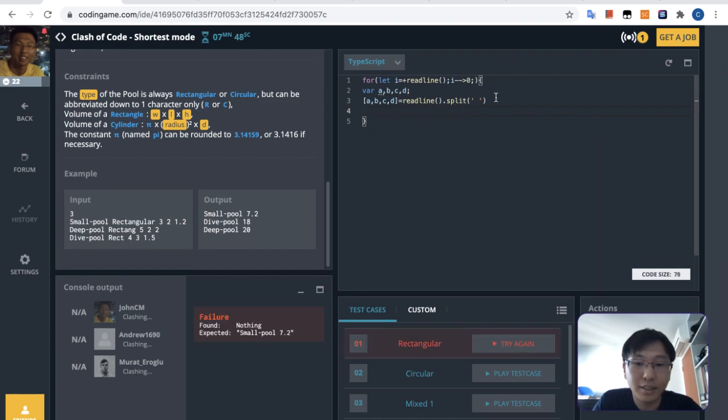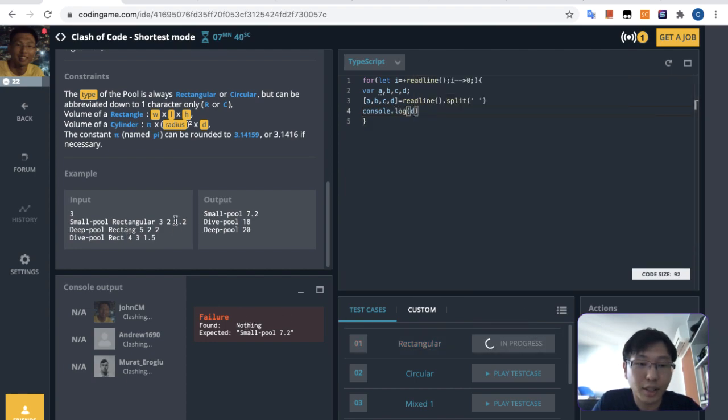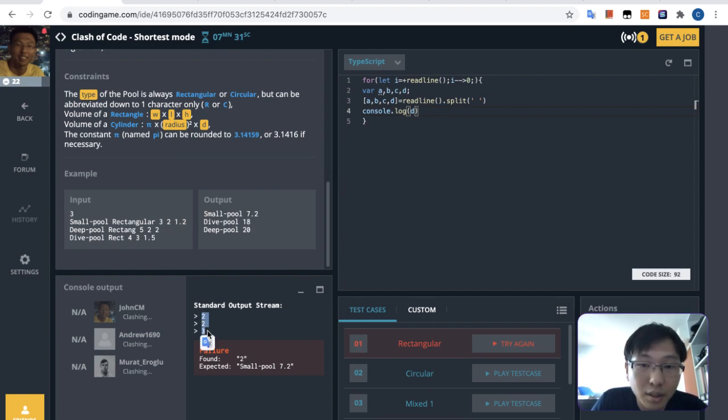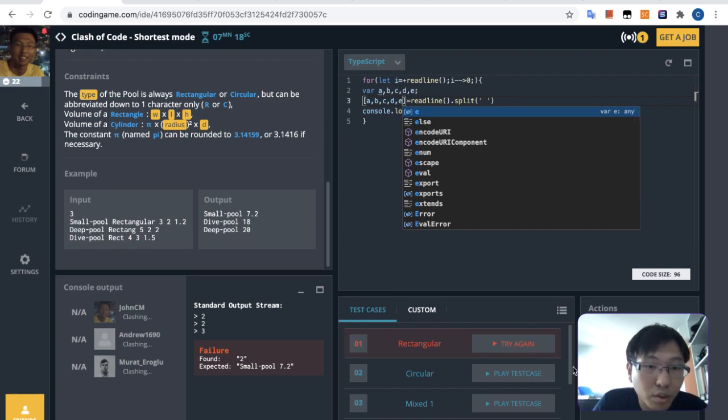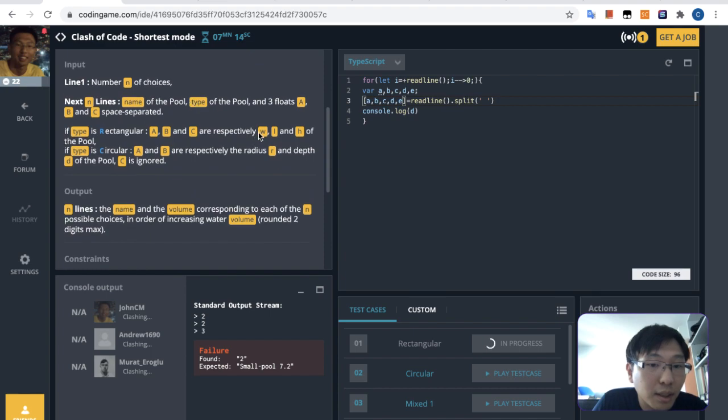So lengthy for this. Let me do a console.log d just to make sure it's storing the last number. Oh, d stores 223. There's actually one more. We will take in W, L, and H.